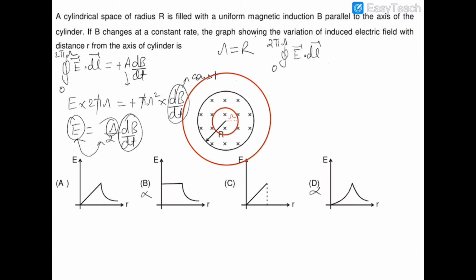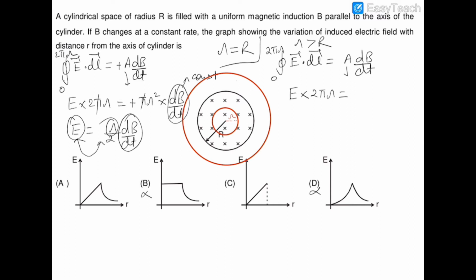In this case, r is greater than R, and the integration of E dot dl is equal to area into dB by dt. The limit would be 0 to 2 pi small r, and we know that the angle between E and dl is always 0 degrees. So this is E into 2 pi small r.